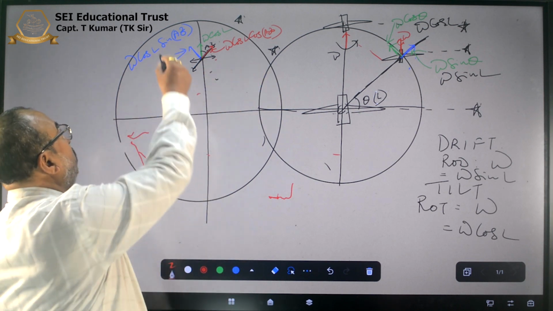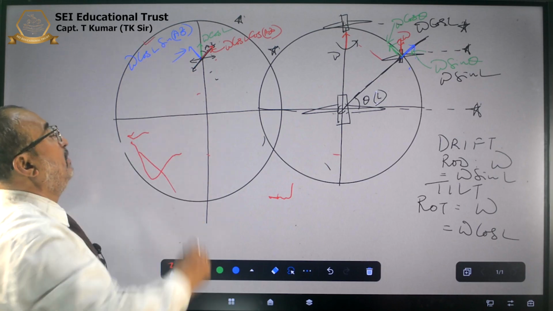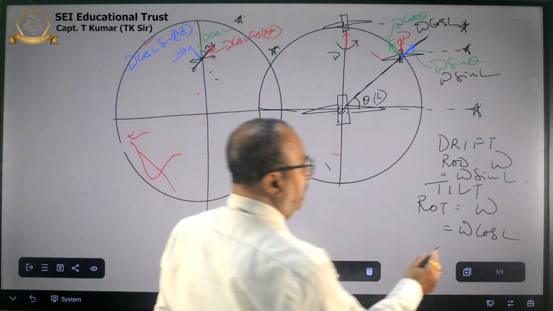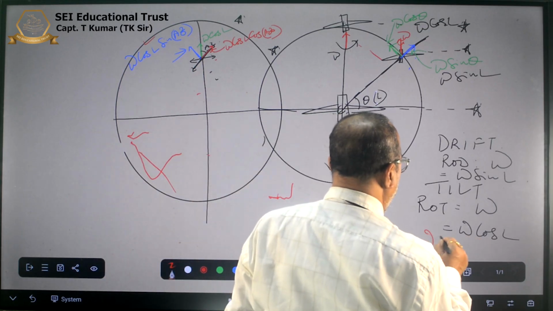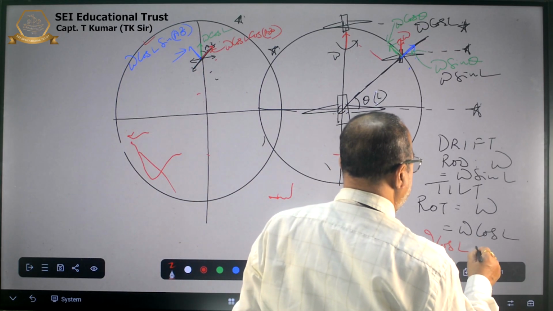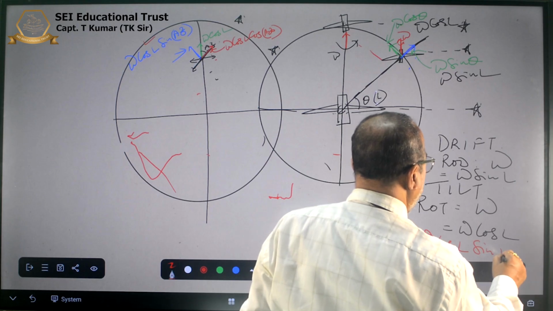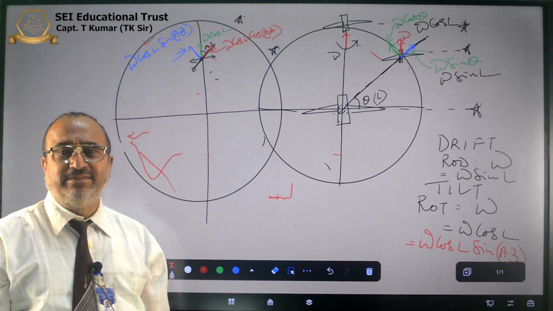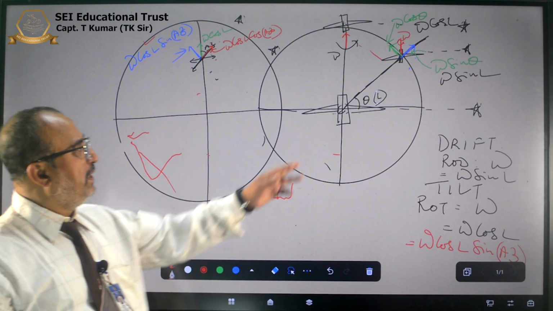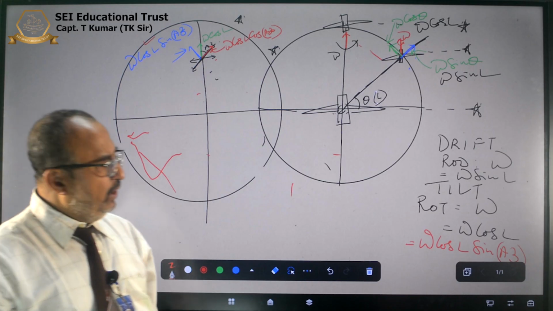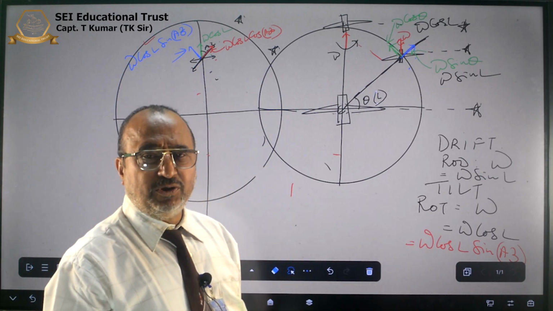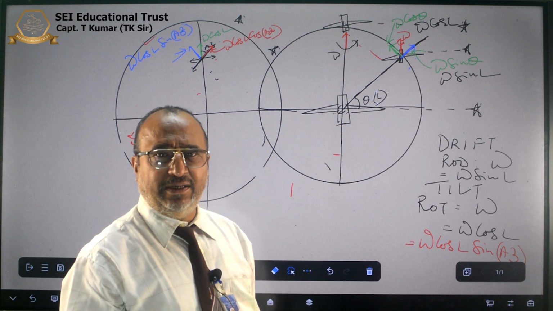So this particular one is responsible for rate of tilt. That means here it becomes how much? Omega cos lat sin azimuth. Eventually, now we look at the equator. Equator, what happened here? Latitude 0 degree, so cos 0 degree is 1.